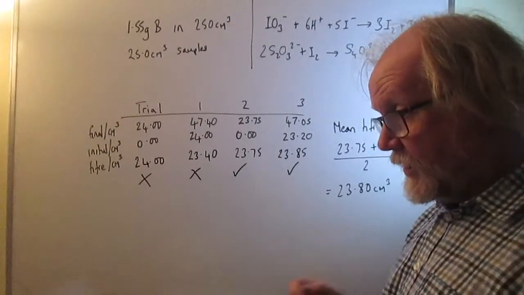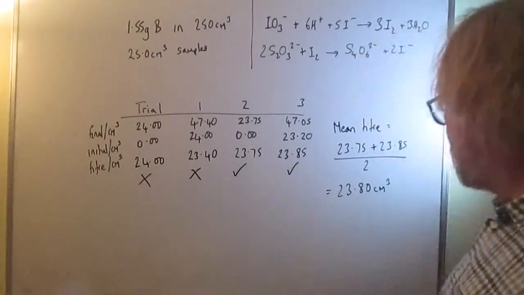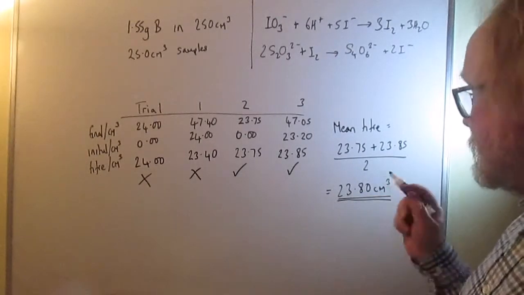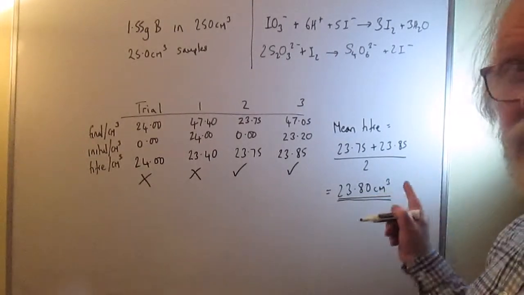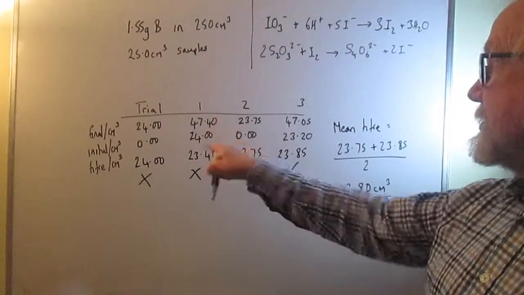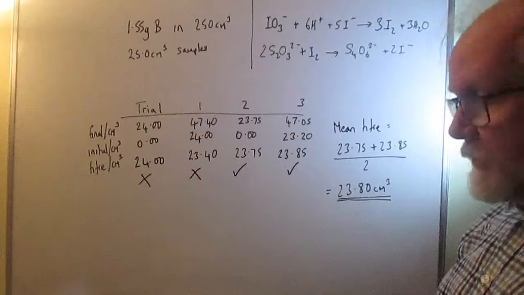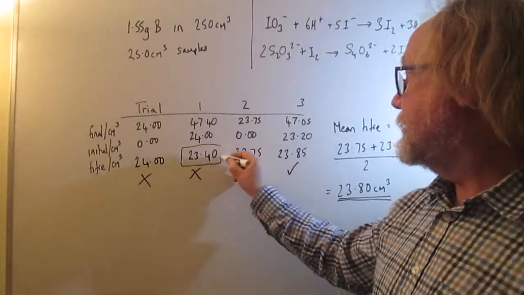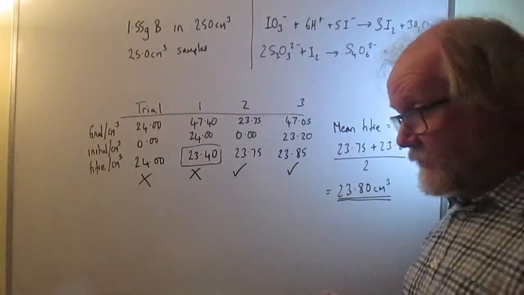Now you've got to read the question carefully here, because the trap you might fall into is to use the uncertainty on that volume, but that's not what it's asking you, because that's the mean and you can't do that. What you've got to do is to measure the percentage uncertainty on an individual experiment, and the one it asks you about is titration 1, so that is the volume that's relevant.